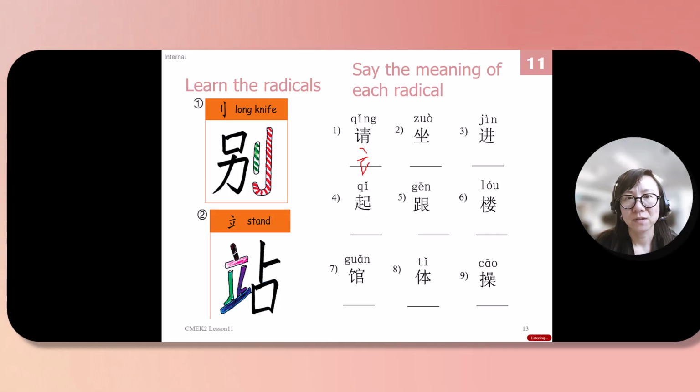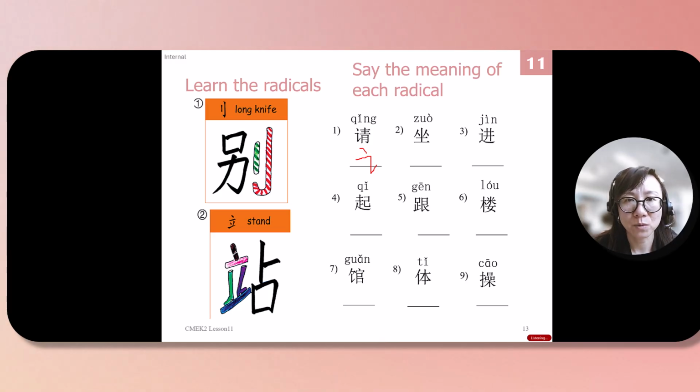So basically it means the speech radical. I need to make it better. Because I'm writing with my cursor, sometimes it's hard to control.